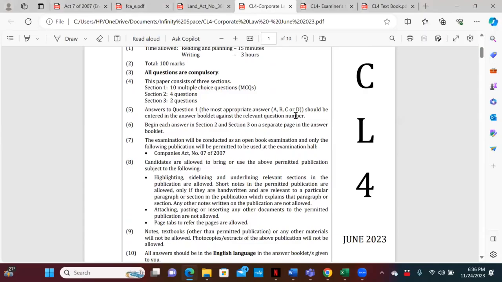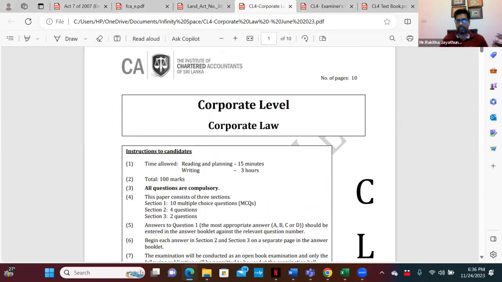Right. Thank you. Now, it's the same format, basically. I don't think that I have to explain too much about the paper structure, but for completeness, let me give you a brief introduction to the nature of the paper that you're going to get at the exam. It will consist of three main areas: Section 1, Section 2, and Section 3.